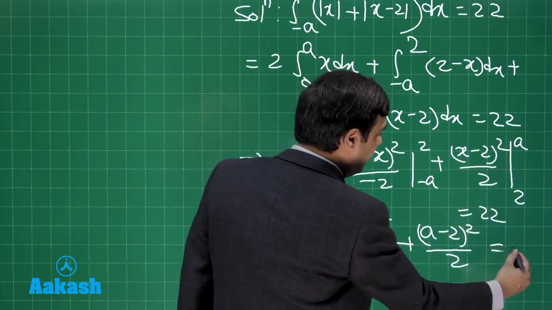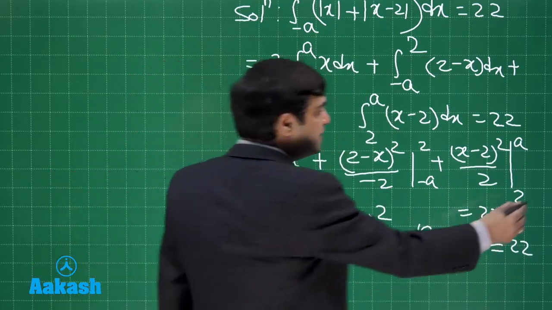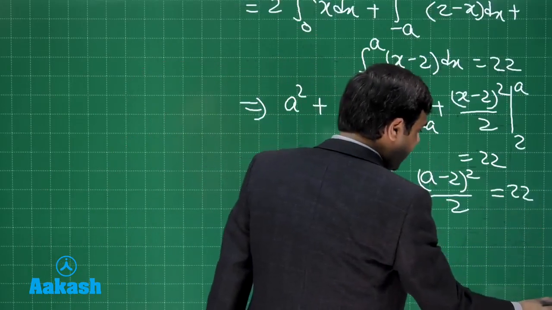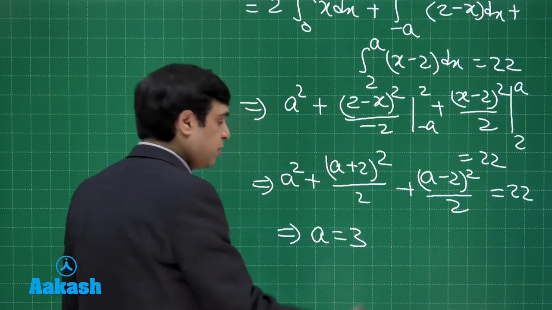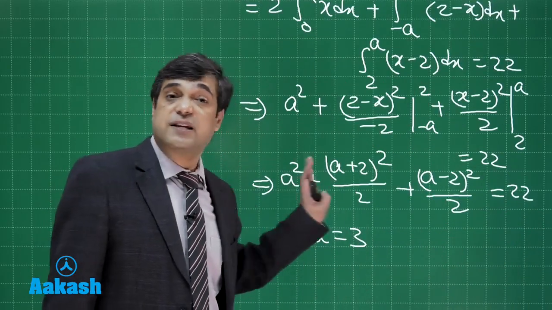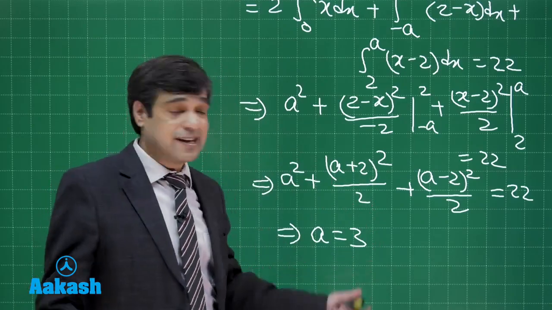When you put the lower limit, it becomes 0. Clear on it? All right. Just simplify this term to get the value for a. On simplifying, you get a is equal to 3, as the equation obtained is a square equals 9. A is greater than 2 given to me, so obviously a is 3.